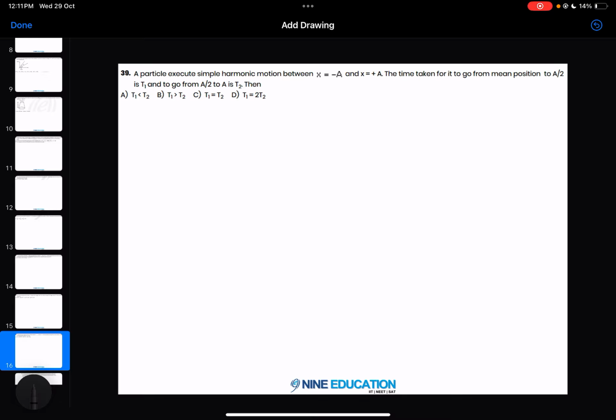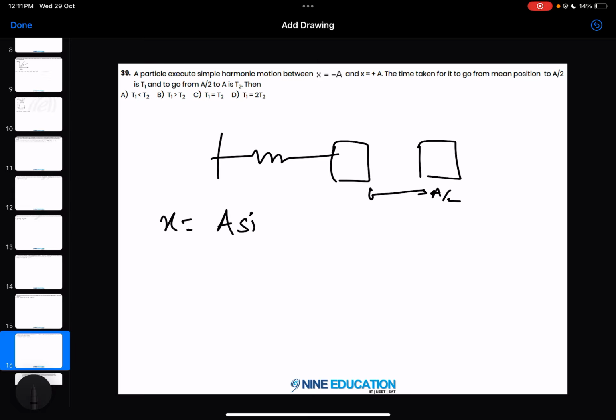A particle is performing SHM. Time taken to go from mean position to a by 2 is t1, a by 2 to a is t2. So we have a spring, it is in mean position. From mean to a by 2, it is t1. Let's say x equals a sine omega t. Why sine omega t?